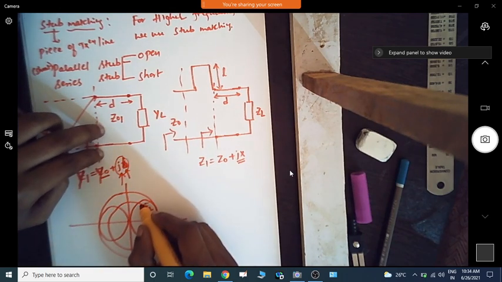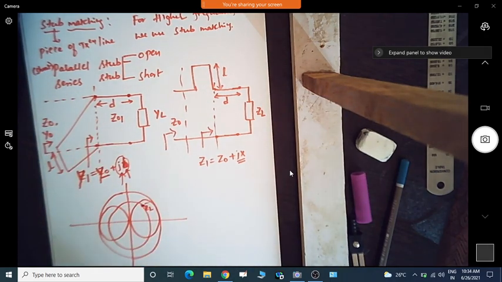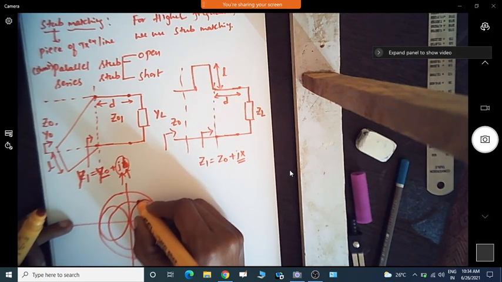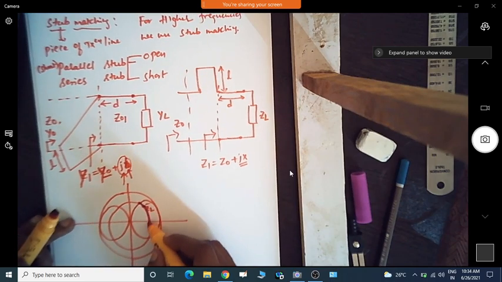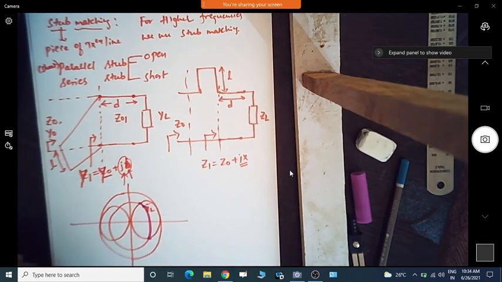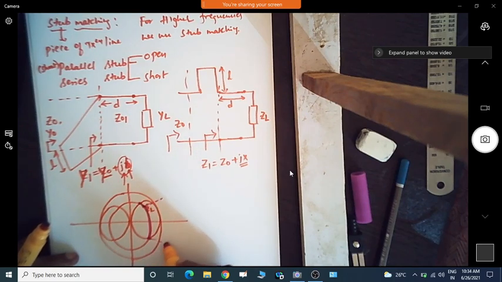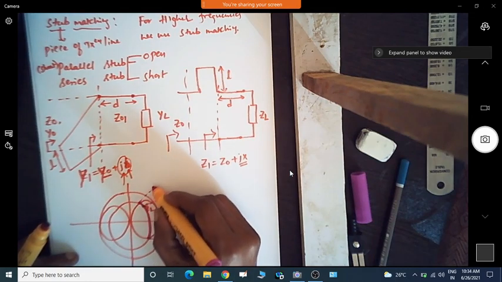Now see, this is my load point. Either I can move this much distance on the VSWR circle till my resistance circle arrives, and similarly I can move here also till this point. So this is the distance we are moving from the load.